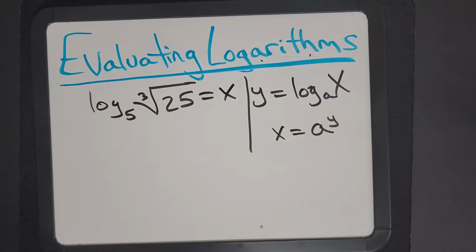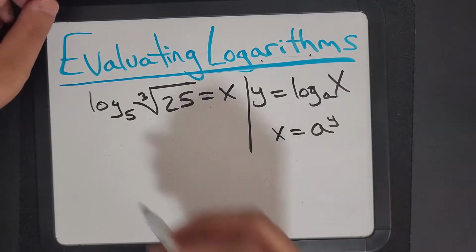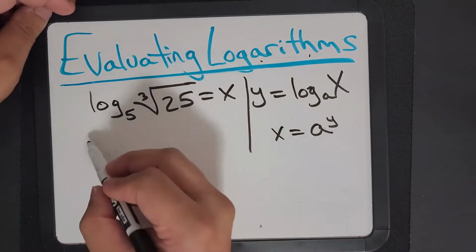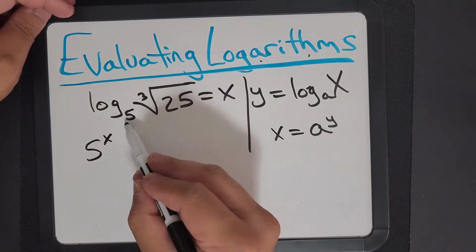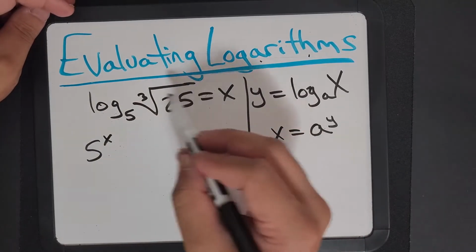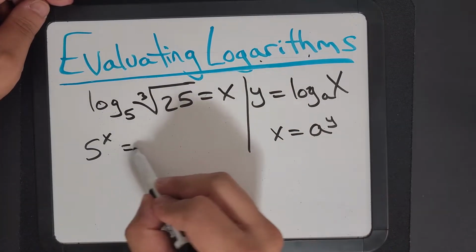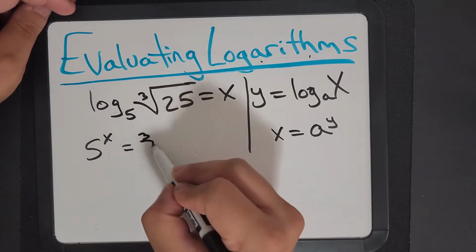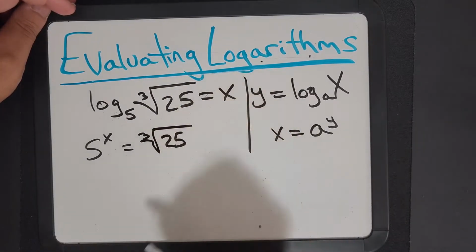This is going to be much more interesting, but not really. 5 to the power of x, or base to the power of the entire exponent, which is equal to x, will give us this value, the cube root of 25.